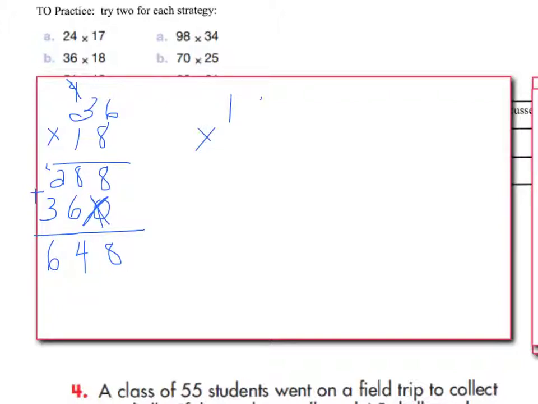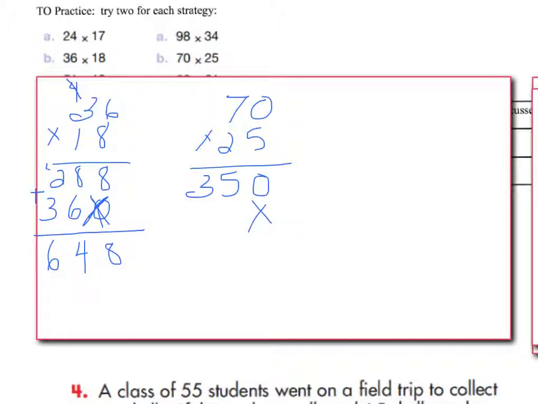70 times 25. And again, I start with my ones column. 5 times 0. Well, always something times 0 is 0. So 0 it is. 5 times 7 is 35. So I put down my 35. Now I'm going to my tens place. So I need to have my placeholder.